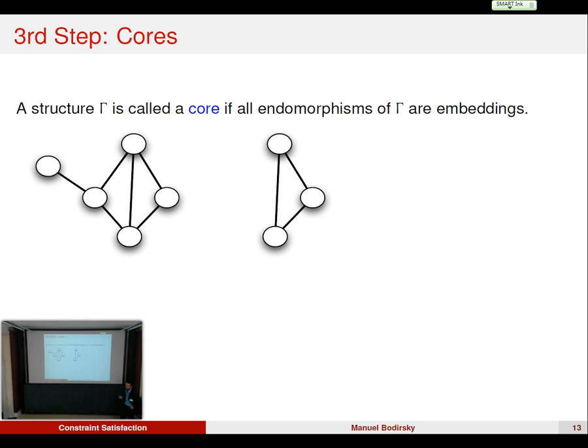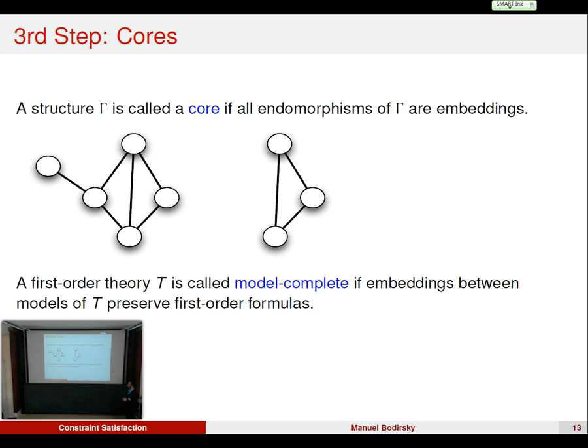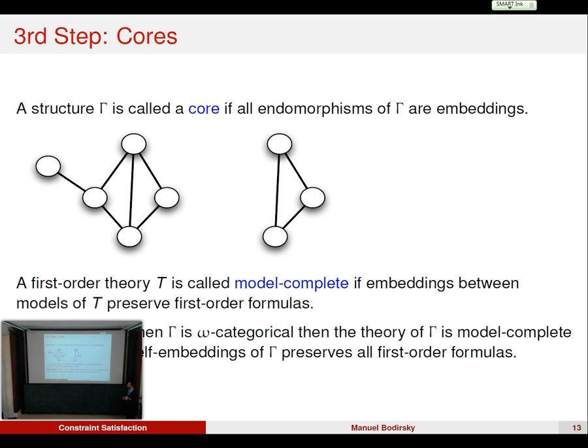For the model theorists here, there's something that feels similar. Model theorists call a theory T model complete if embeddings between models of T preserve first-order formulas. Why should that be related? Look at an omega categorical structure. There you only have one countable model.